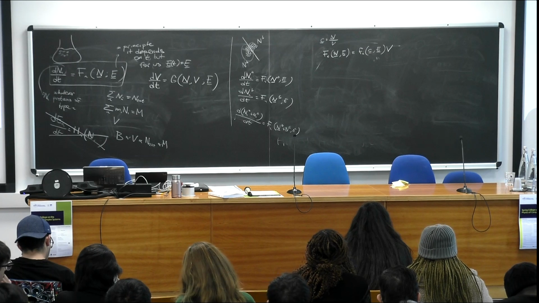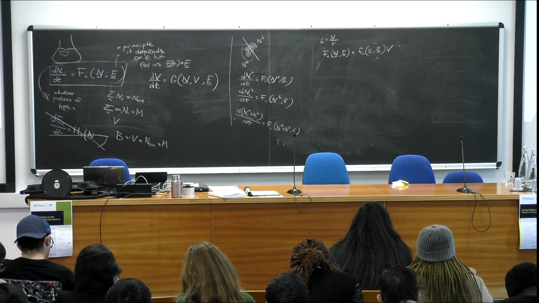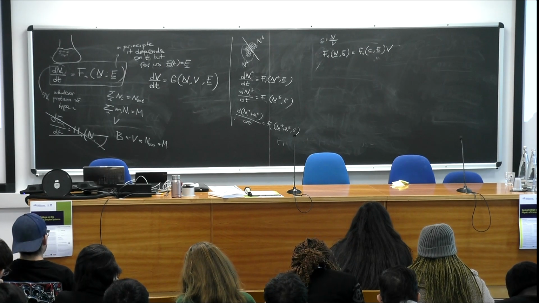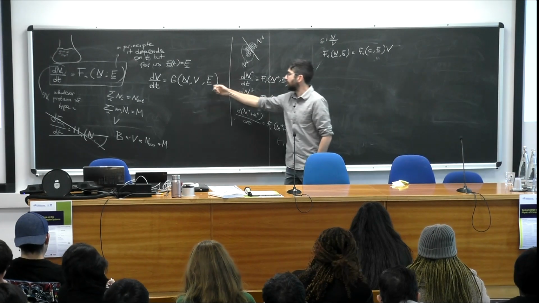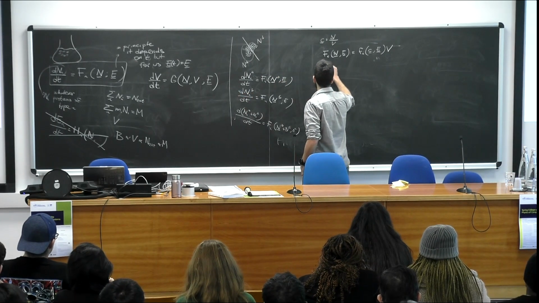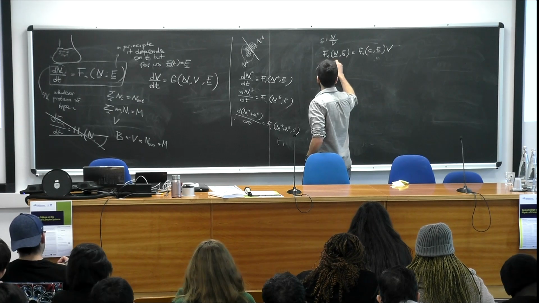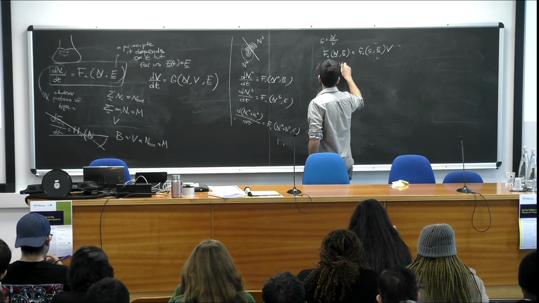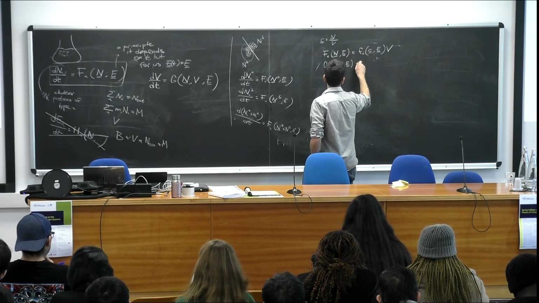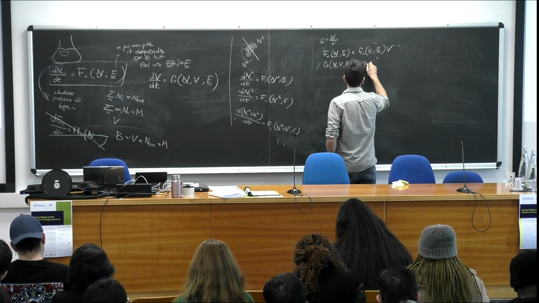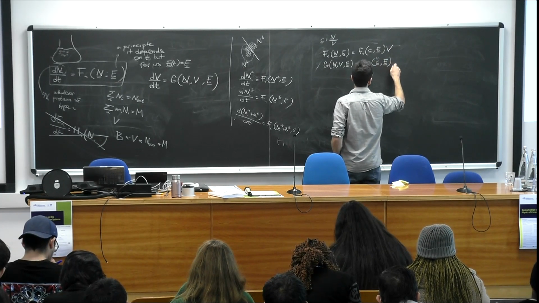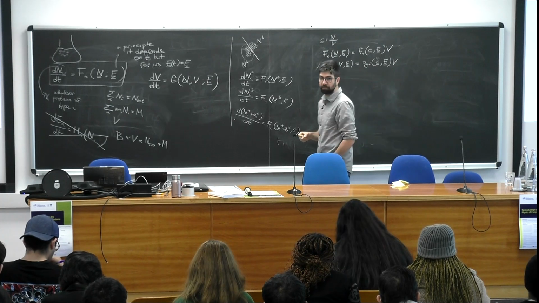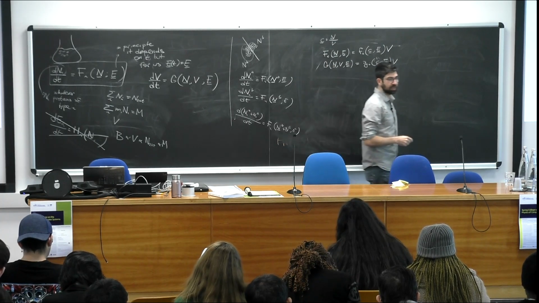I have an extensive quantity times a function of all the intensive variables. Now, similarly, for this function here, what it means is that G of N, V, and E is equal to small g(C, E) times V. Exactly the same property.